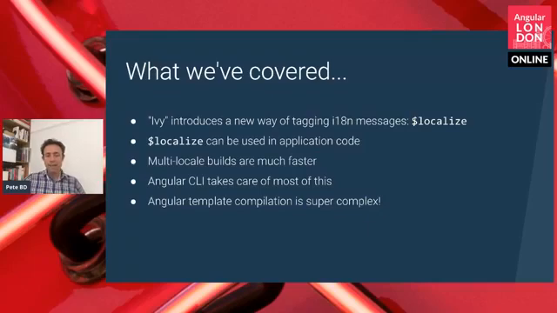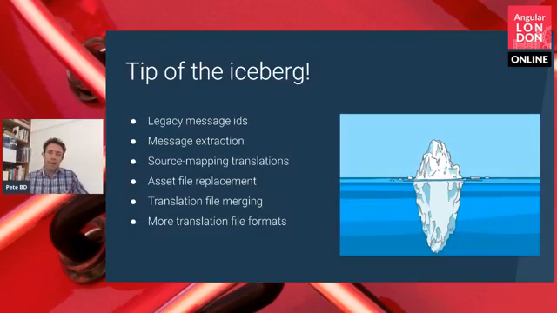And being able to compile templates to support complex internationalization messages is quite complicated, and we didn't even get into the code, which is pretty mind-bending. On top of that, there's a whole load of other things that we could have talked about, which I haven't got time for, but maybe in a future one, or if you wanted to chat later. This is a list of some of the things that are either in the pipeline, on the way, or we're thinking about, and there's lots more work to be done.